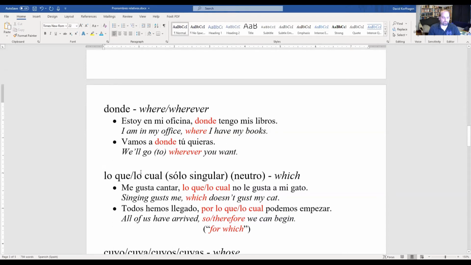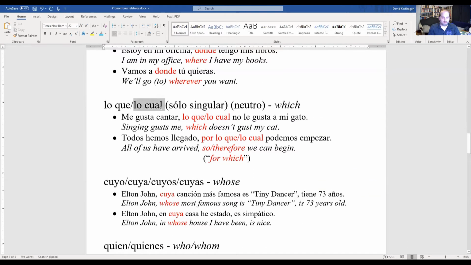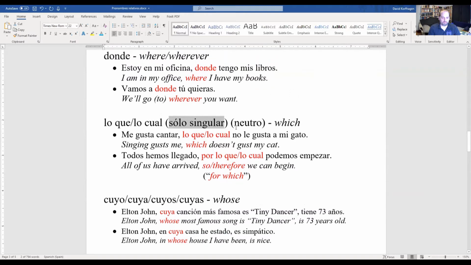Then we have lo que or lo cual. And notice I just made a note there: it's only singular. It can't ever be plural, and I'll get into that a little bit later too. But the main point here is, again, it's neuter or neutral. Neuter is technically what it should be, as I mentioned before. So, for example, me gusta cantar, lo cual or lo que no le gusta a mi gato.